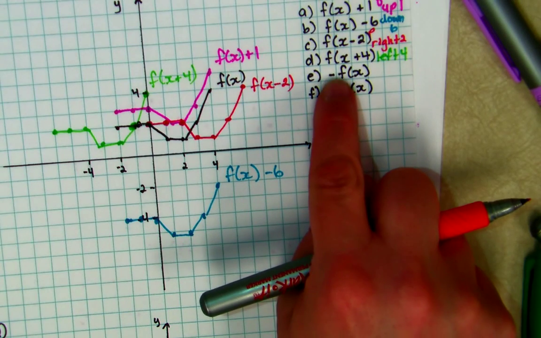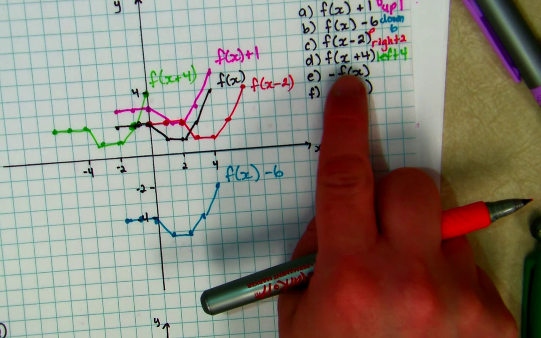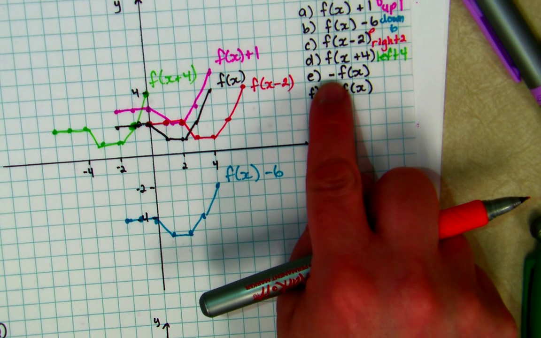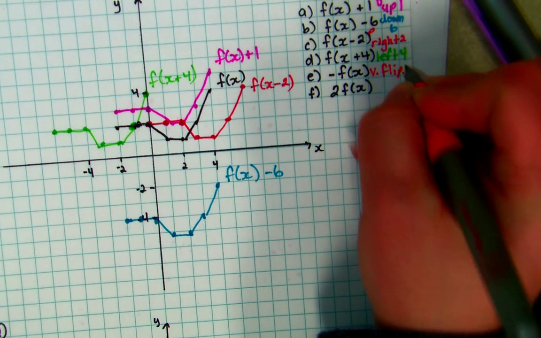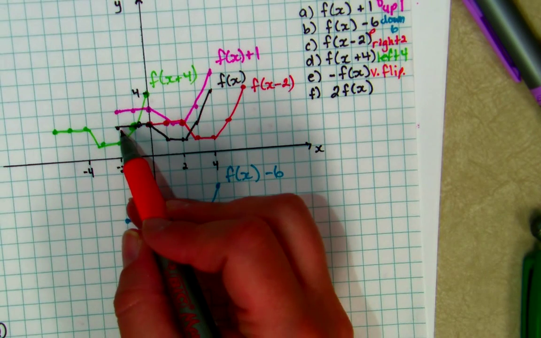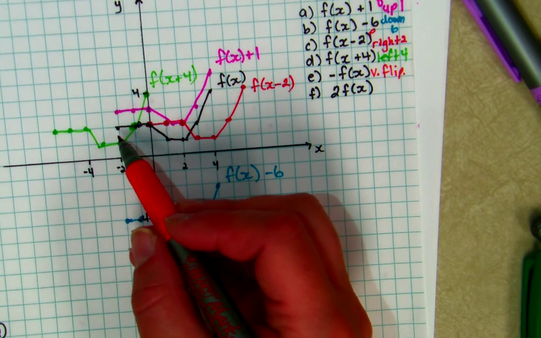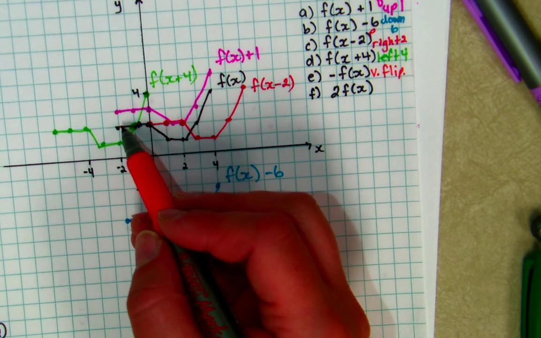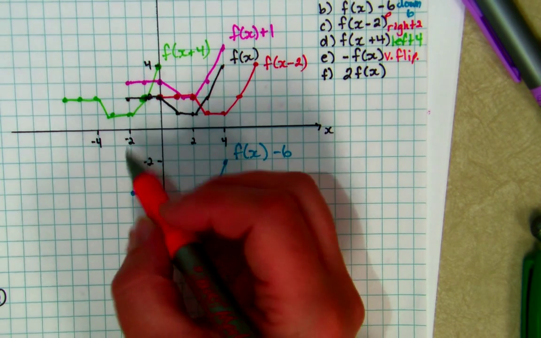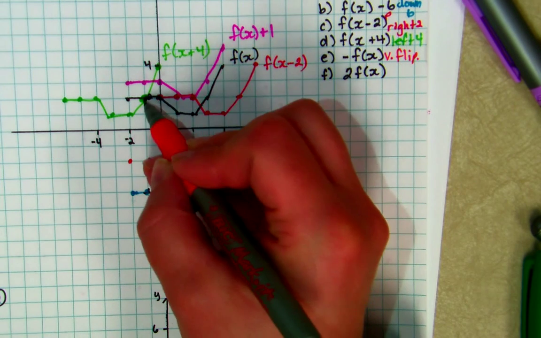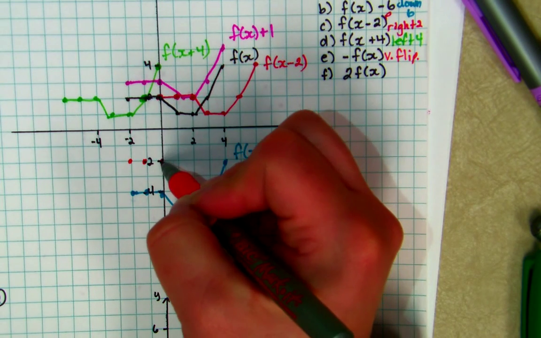The last two are our a's. a's are the numbers in front of the f. So this is a equal to negative 1, so that's going to be a vertical flip. So I'm going to go back to the black graph and I'm going to just literally flip it upside down. So wherever the y coordinate was, I'm going to go to its opposite. So this was at positive 2, so it's going to go to negative 2. That one as well. That one as well.